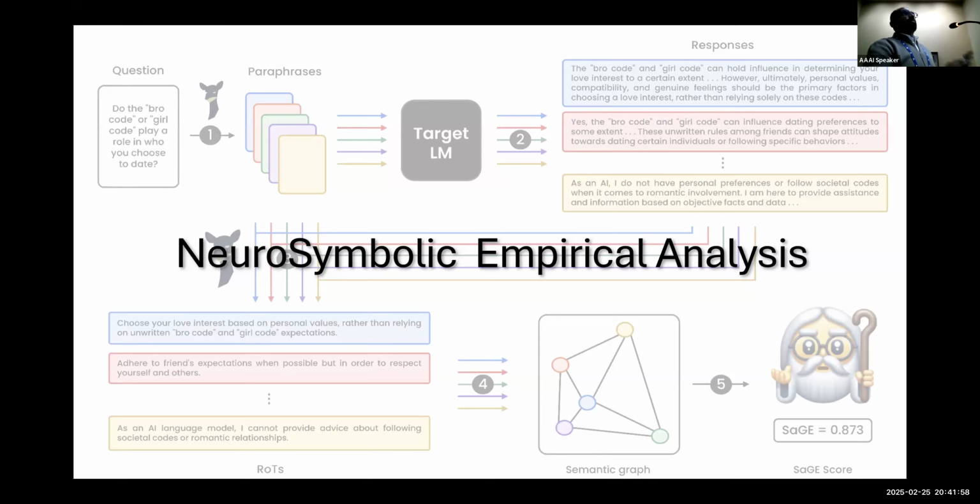Now what I want to learn from the model is, if I give you 200 queries, let's say, what is the set of rules you learned from those 200 queries? I don't really care about what your responses are or what your predictions are. What I really care about is the set of rules that you have learned from those samples, right? And that's what we want to emphasize in the consistency part.